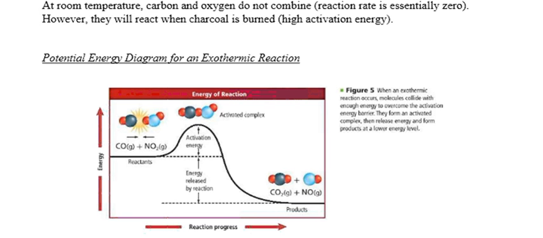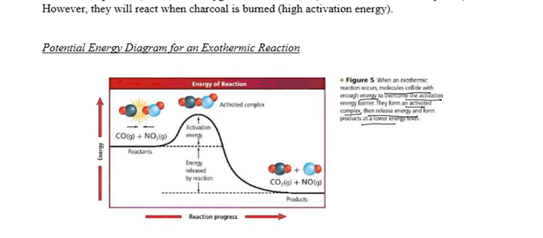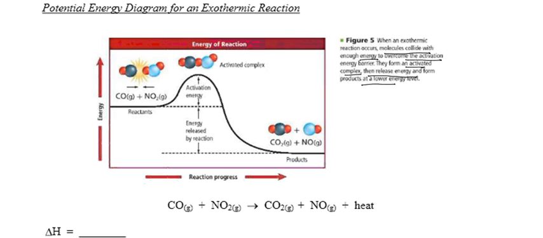So if we look at this diagram of an exothermic reaction, we see molecules are going to collide with enough energy to overcome the activation barrier. At the peak, they form an activated complex, and once the reaction occurs, the products are at a lower energy arrangement, a lower potential energy.